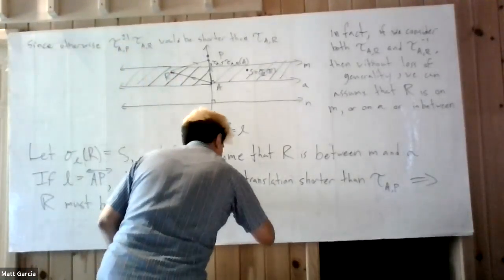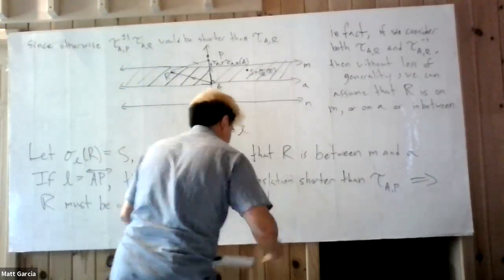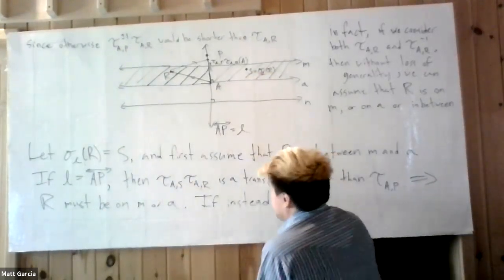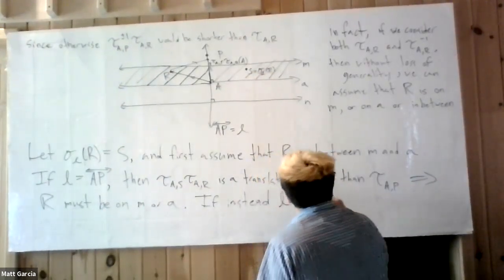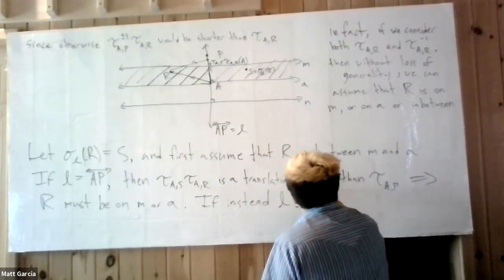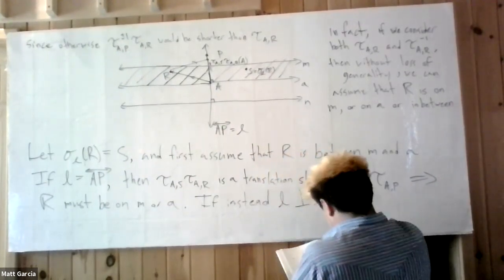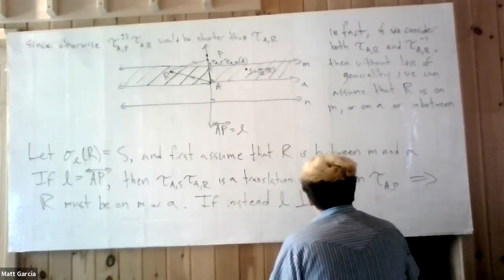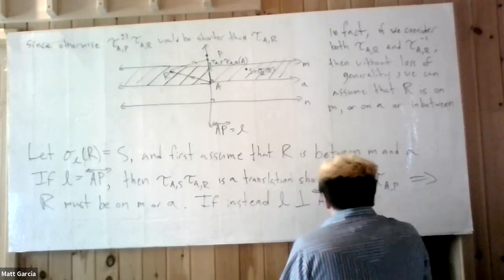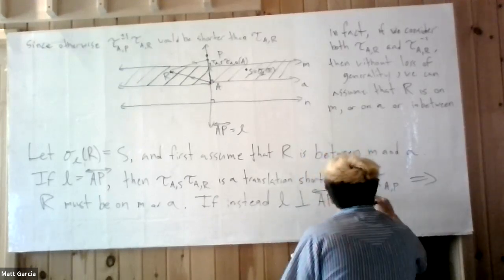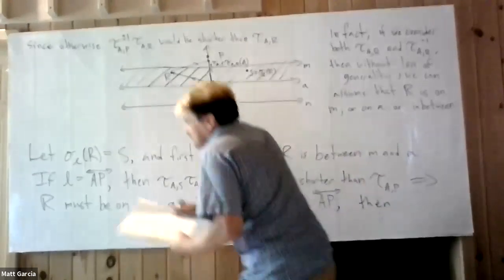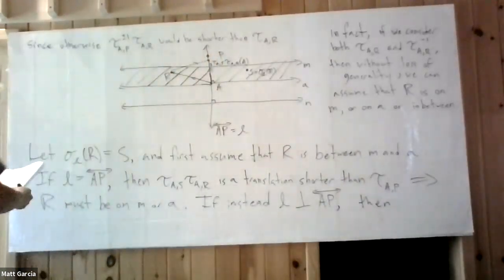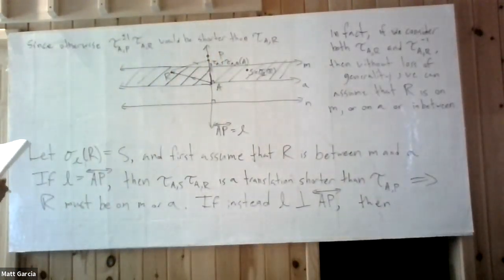If instead L is perpendicular to the line through A and P, then just a quick algebraic trick gives us another translation that is shorter than tau sub A comma P.